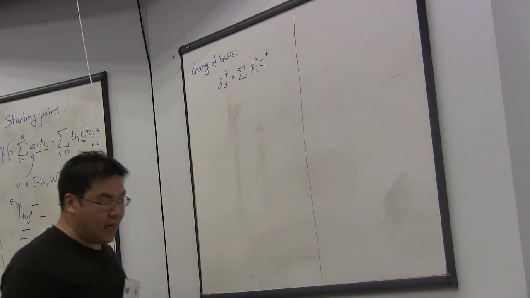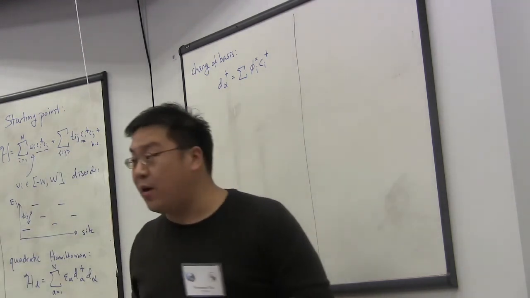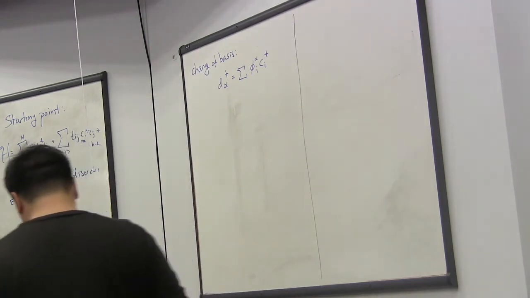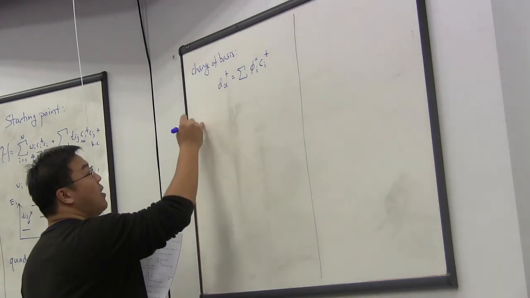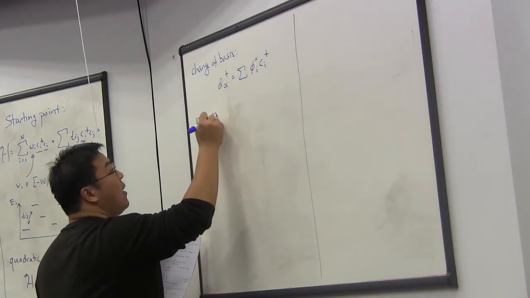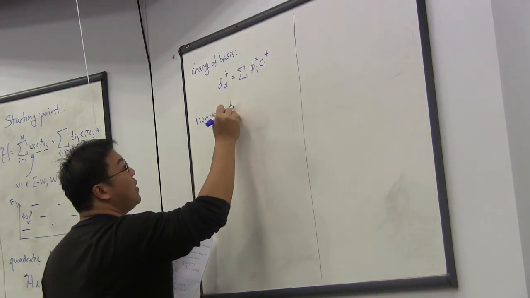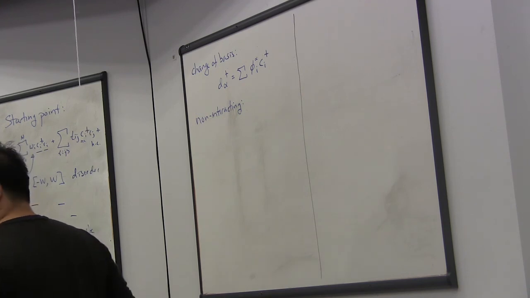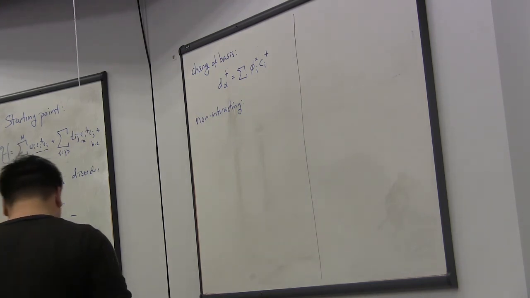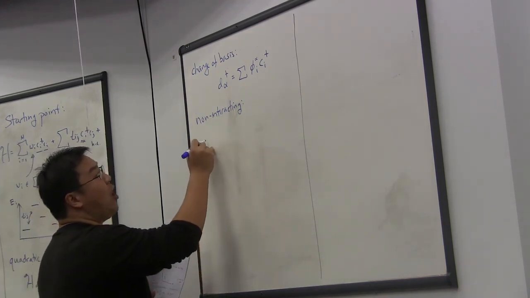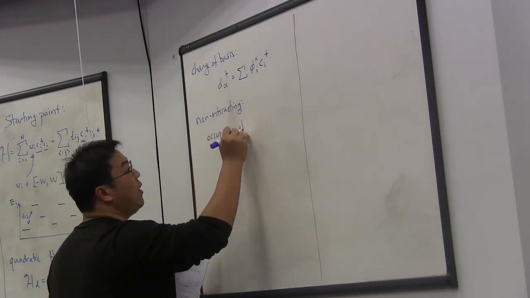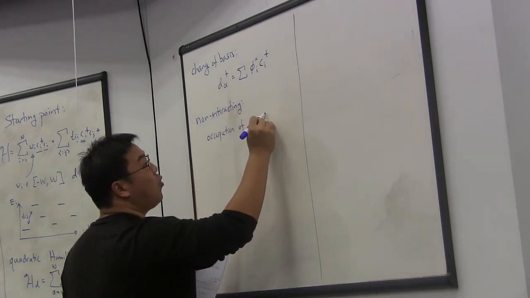So having this diagonal Hamiltonian now allows us to expound a little bit on what we mean by non-interacting. In particular, non-interacting is precisely the statement that I can write down all of the many-body states of the system by simply looking at the occupation of my d alpha orbitals.